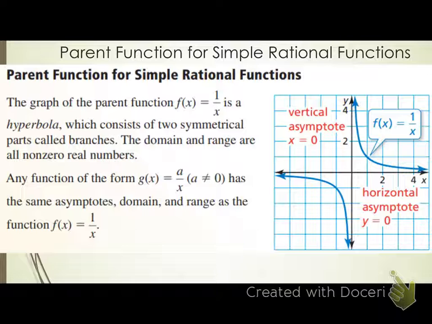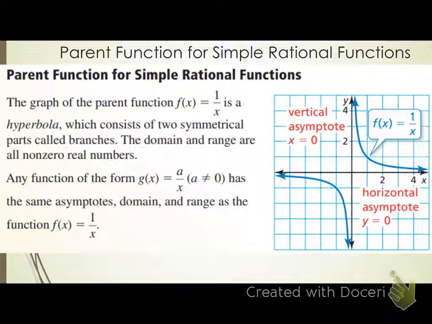The domain and range are all non-zero real numbers. So the domain is the set of all real numbers x, such that x can't be 0. Because if you notice, we have a horizontal asymptote at y equals 0. This flattens out at 0, but it's never going to touch 0.